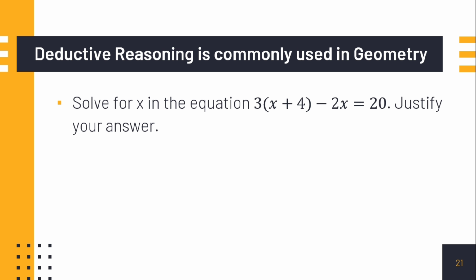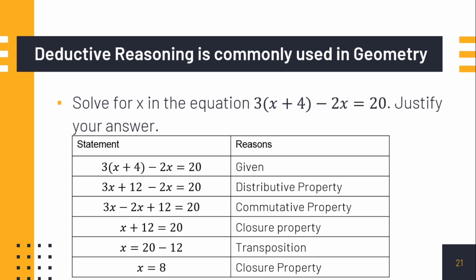Next. By the way, deductive reasoning is commonly used in geometry. I know during your junior high school, you encountered tables like the statement and reason. So, some of the students, ang alam lang nilang reason dyan is given. Okay?